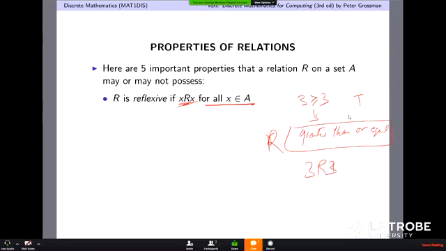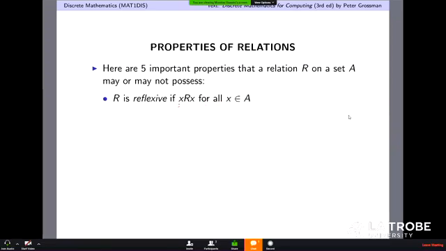Or if you pick any x, it would be related with x for any x, right? If you choose this as your relation, greater than or equal to, then this is always reflexive. So if a relation can operate on the element itself, then it's called reflexive.